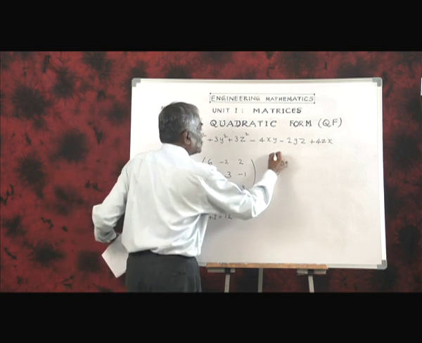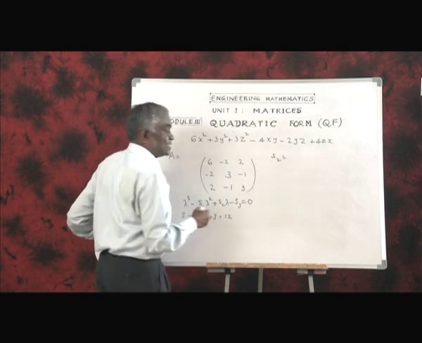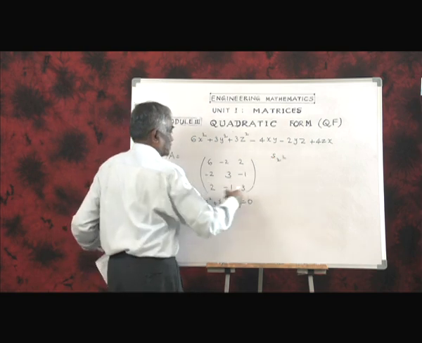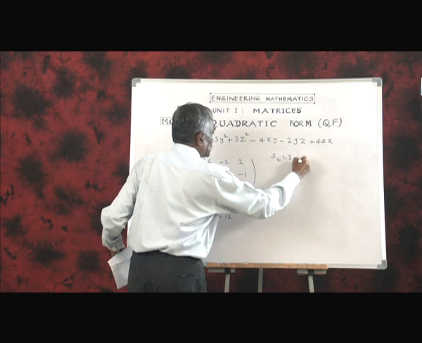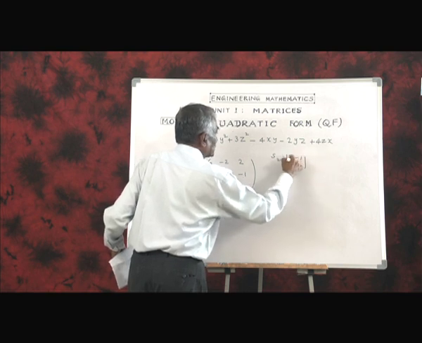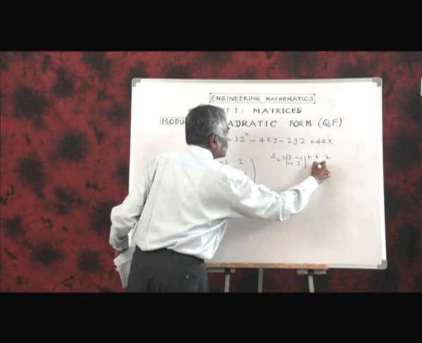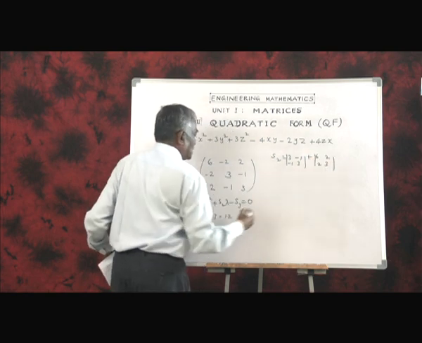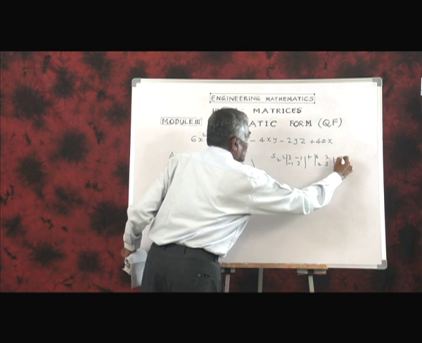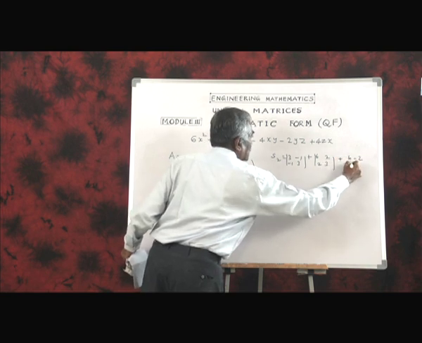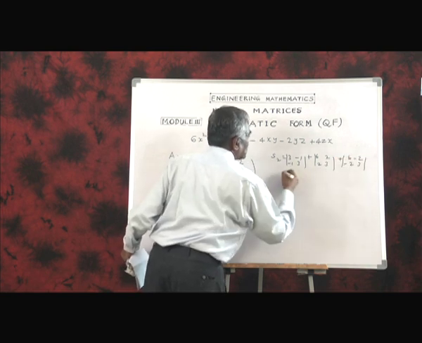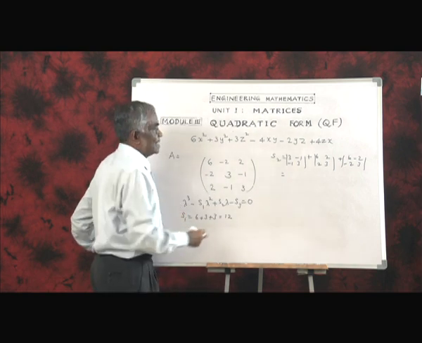Then what is S2? Sum of the 2 cross 2 principal minors, that means deleting first row first column, 3 minus 1 minus 1 3, deleting second row second column, that is 6 2 2 3, then deleting third row third column, that is 6 minus 2 minus 2 3. Just expand and simplify this.